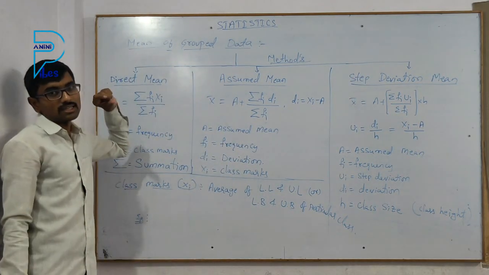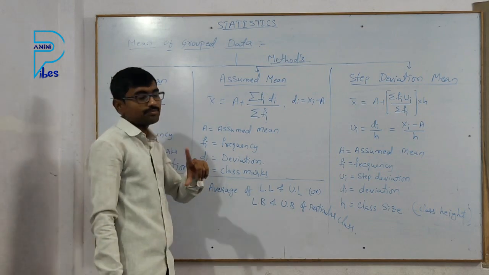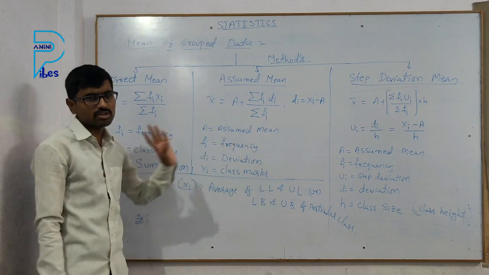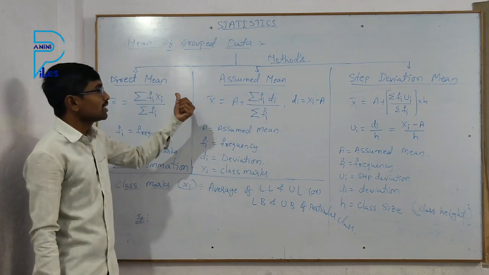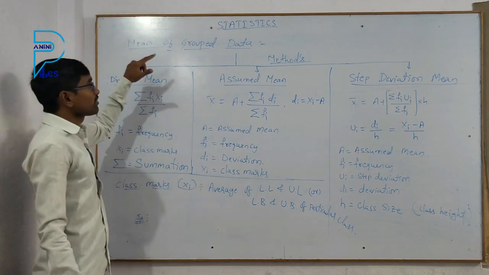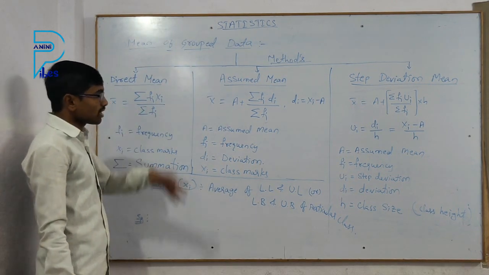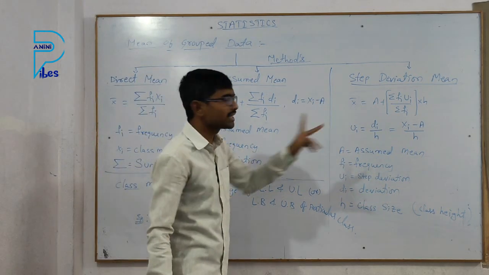So coming to the first, the direct mean method. And one more thing, on solving the problem we can use all three formulas or any one formula. For finding the mean of grouped data, we have three methods. By solving the problem by any formula, we can take any formula.